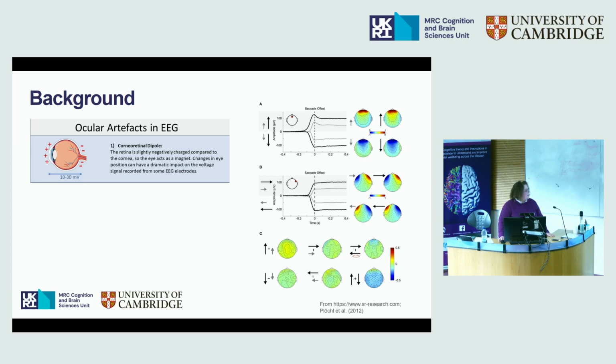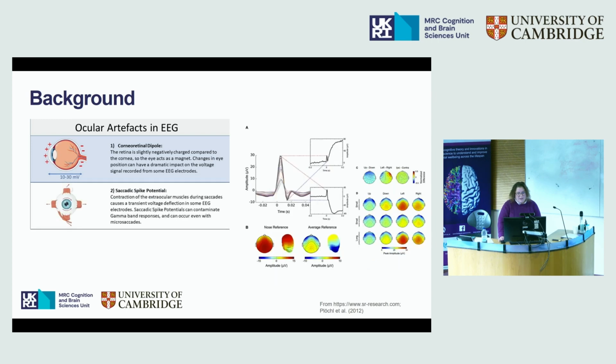However, this is not the only type of artifact that we get when including eye movement in EEG and MEG, and we also get other types of artifacts such as spike potentials, which look very different both in terms of the waveform and in terms of their scalp topography. So yes, we do have some artifact localized in frontal electrodes, but it's much more widespread, also on parietal sides.